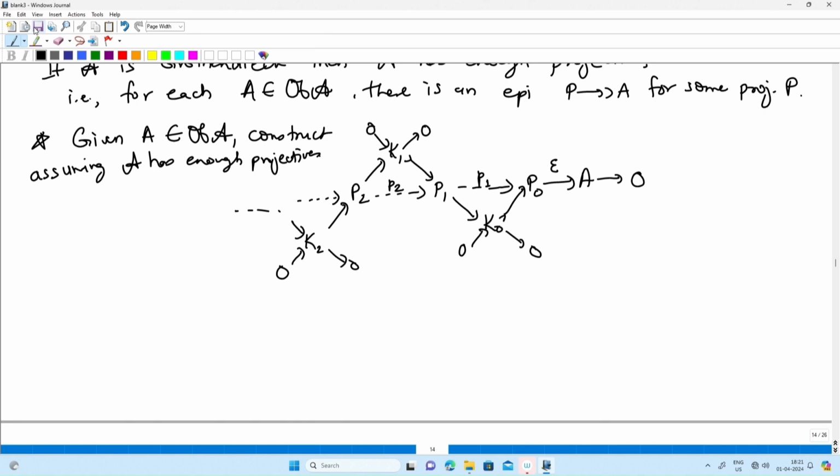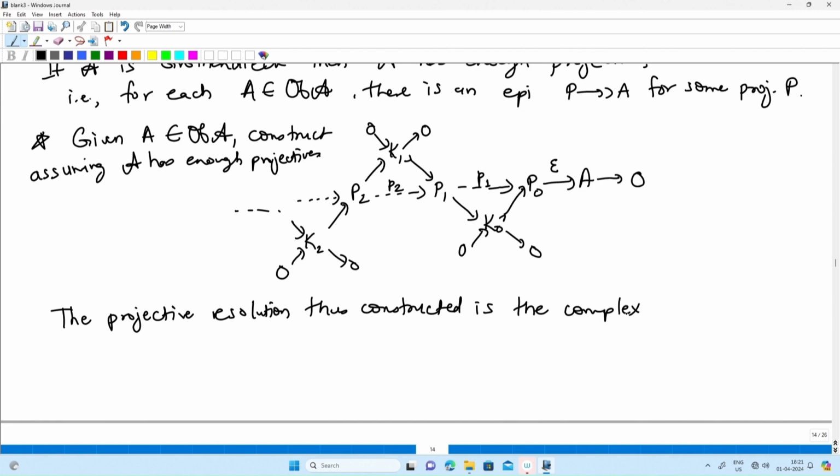Okay, so what is the projective resolution? The projective resolution thus constructed is the complex, chain complex.